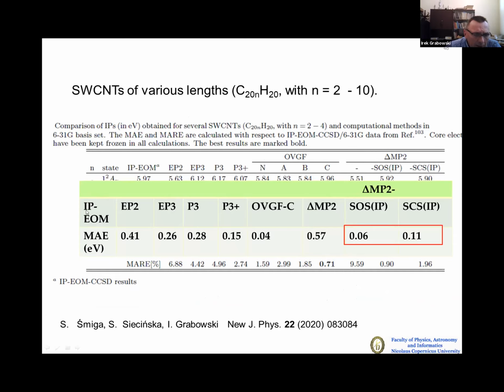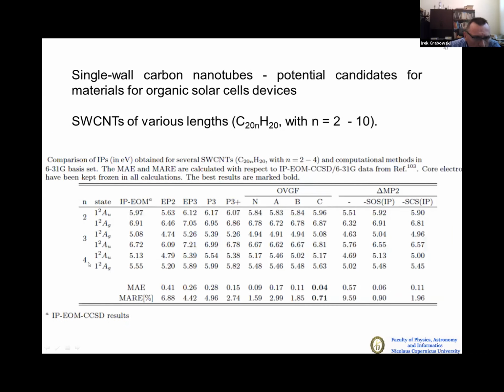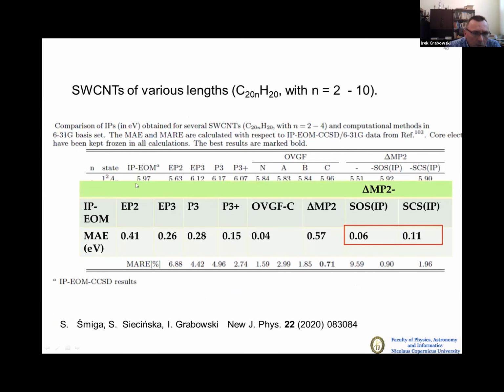The error of IP was calculated with respect to IP-EOM, but only up to C80, because we couldn't run the IP-EOM for higher systems. We simply used the numbers from a different publication. So as you can see, again, very nice behavior, even for such big systems.